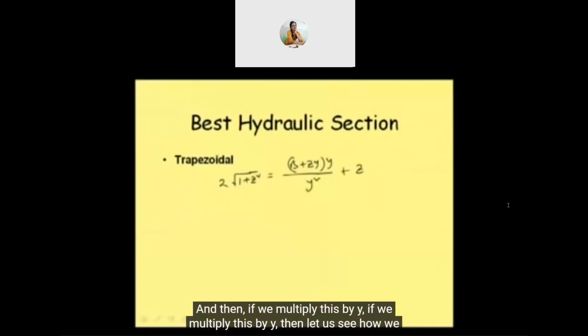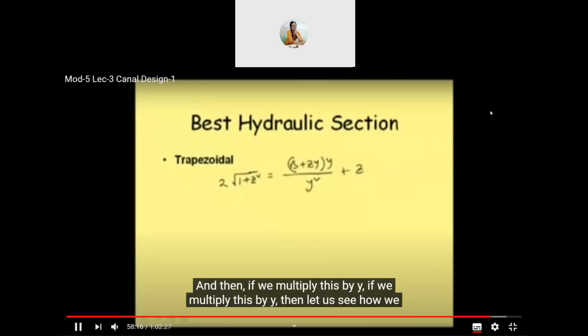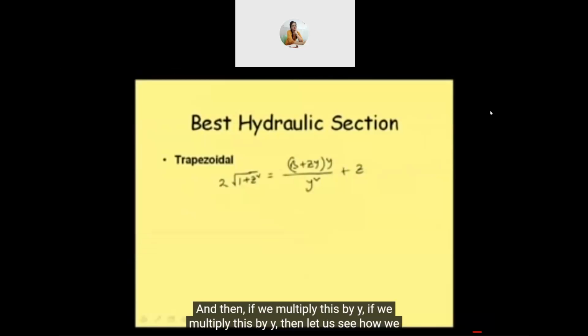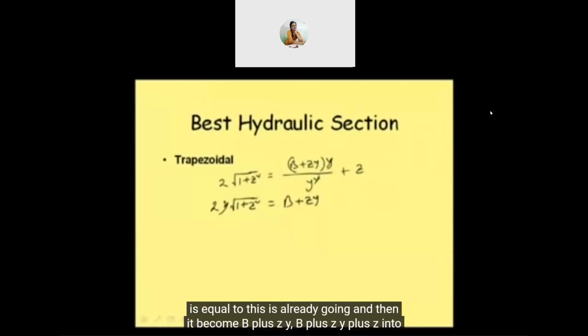Fine. And then if we multiply this by Y, let us see how we can write it. Twice Y root over 1 plus Z squared is equal to, this is already going, and then it becomes B plus ZY plus Z into Y, that is B plus ZY plus ZY.